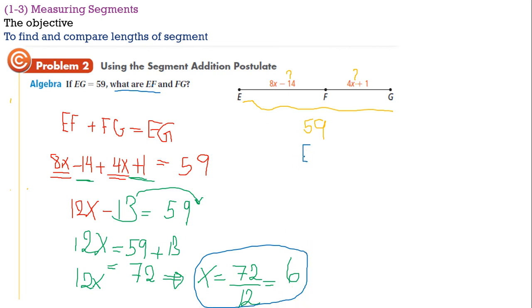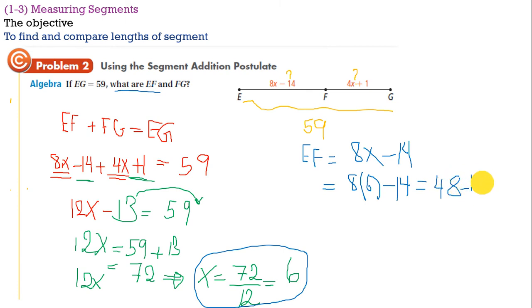So EF is given as 8x minus 14, which equals 8 times 6, that's what I found, minus 14. Order of operations, once you calculate, so 48 minus 14, just subtract them to get 34. So that is 34.